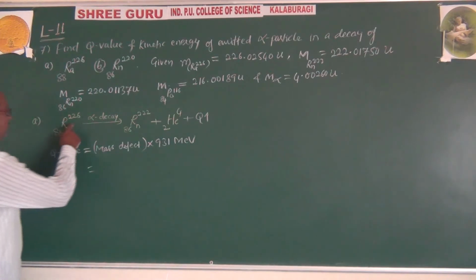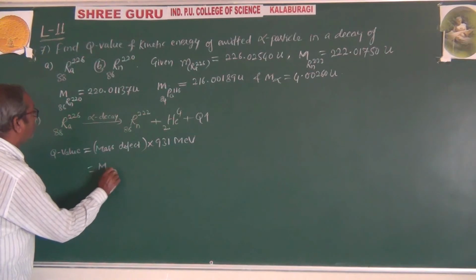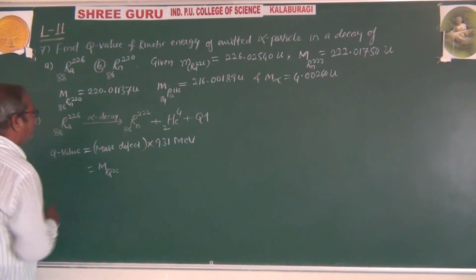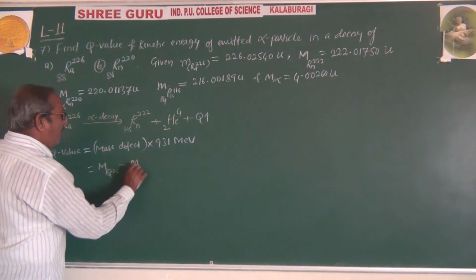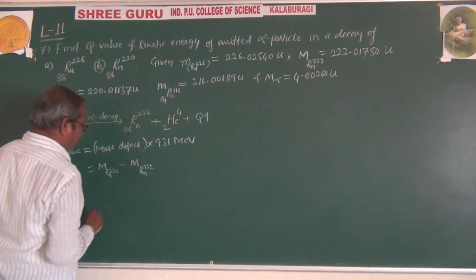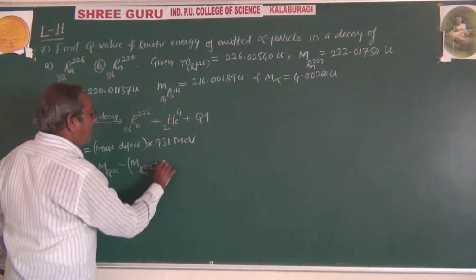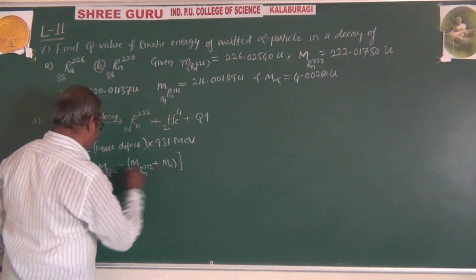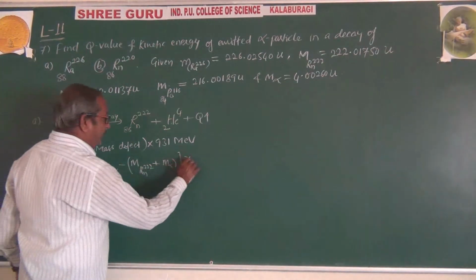That will give the mass defect. And here it is mass of radium 226 minus mass of radon 222 plus mass of alpha, into 931.